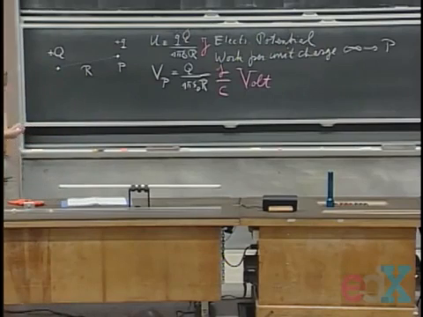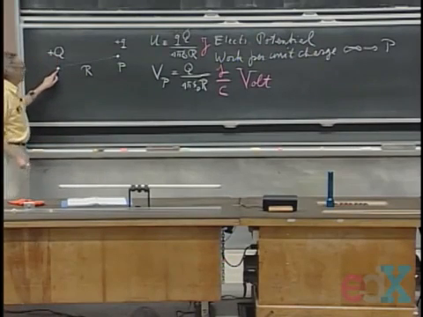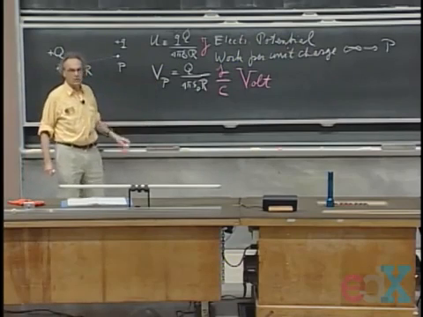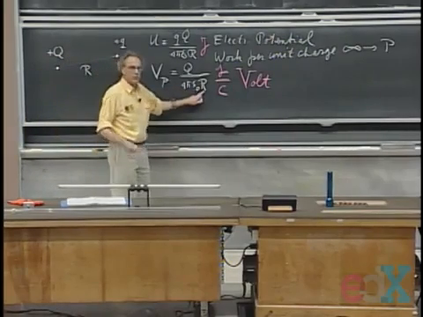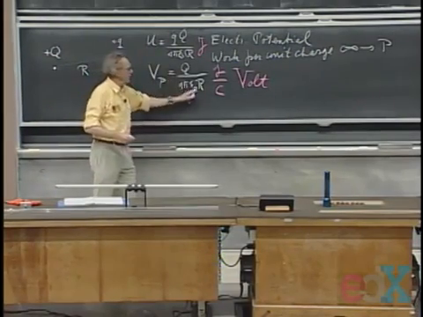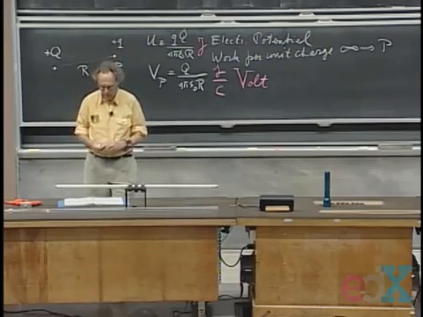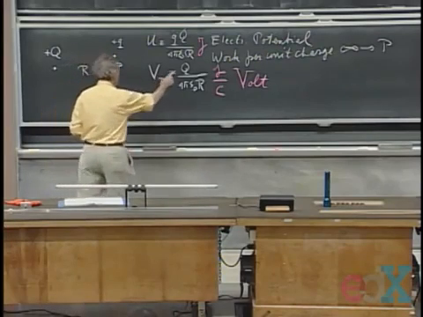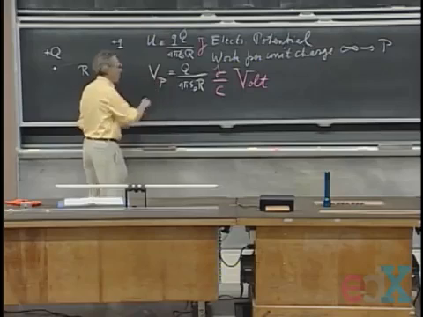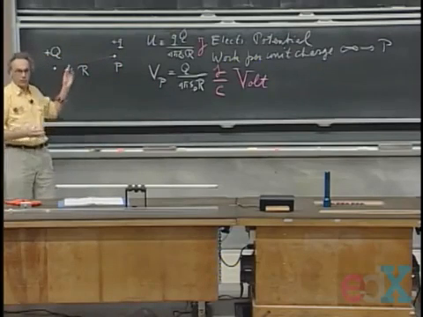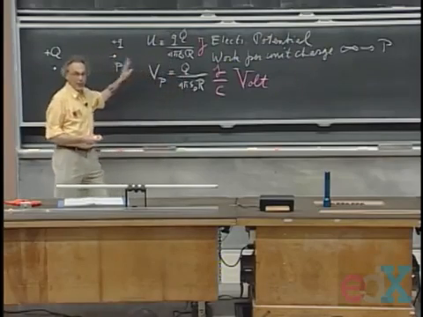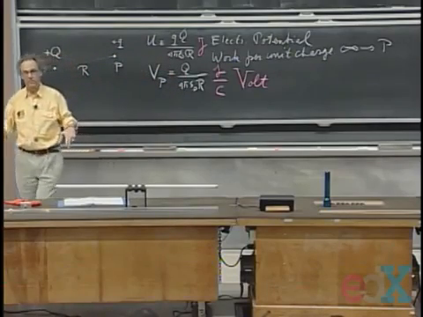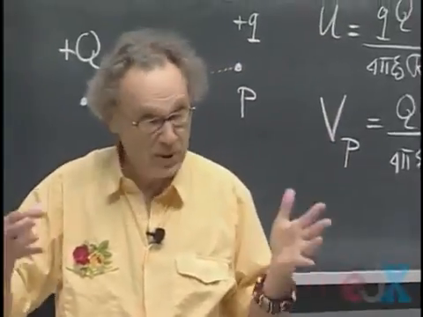If we have a very simple situation like we have here, that we only have one charge, then this is the potential anywhere, at any distance you want from this charge. If R goes up, if you're further away, the potential will become lower. If this Q is positive, the potential is everywhere in space positive for a single charge. If this Q is negative, everywhere in space the potential is negative. Electrostatic potential can be negative.